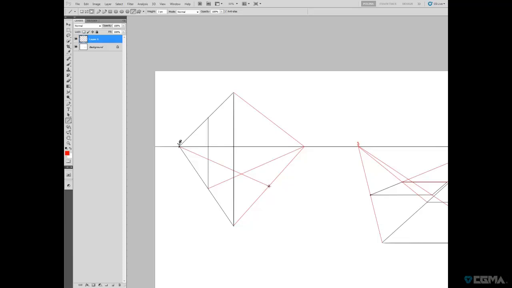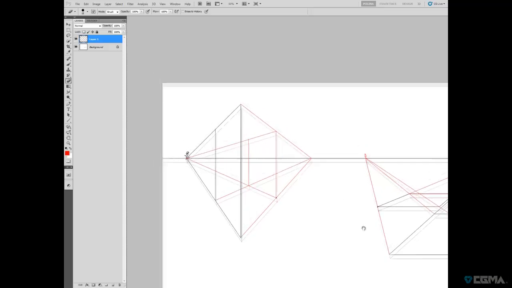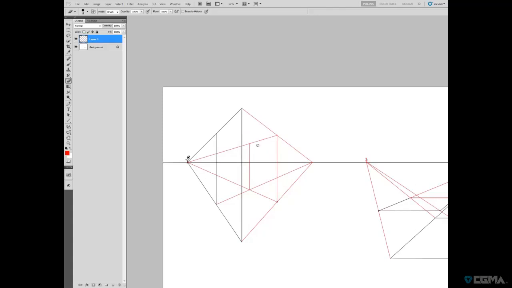So go ahead and just draw some vertical lines. And from our height line, draw back to the vanishing point, and go ahead and get rid of all that unnecessary stuff. I always like to draw my lines longer, so I make sure I don't miss it. And now we have the same plane further back.